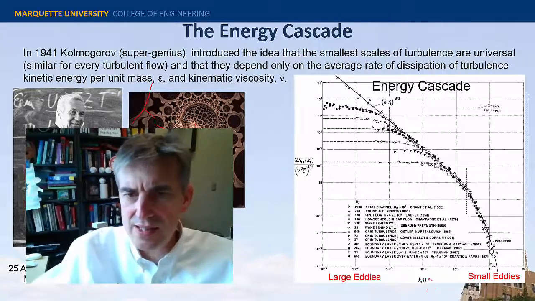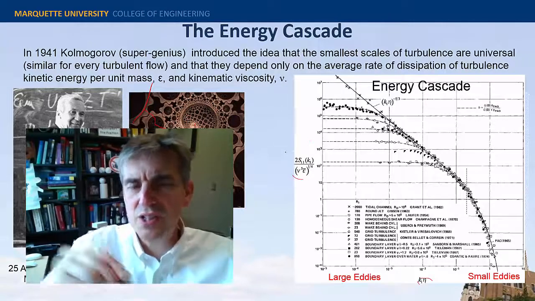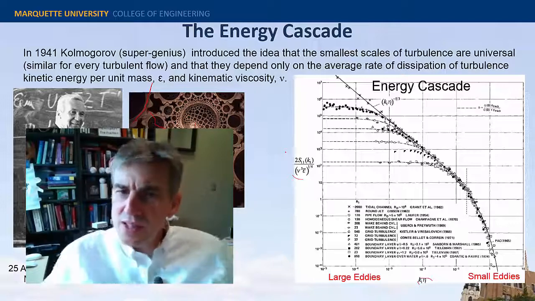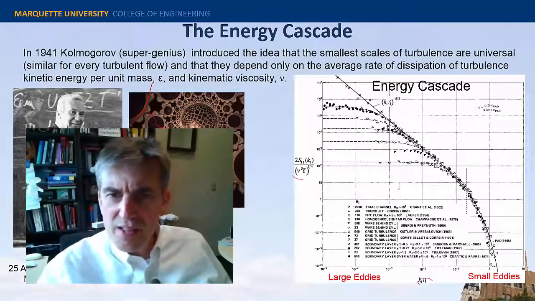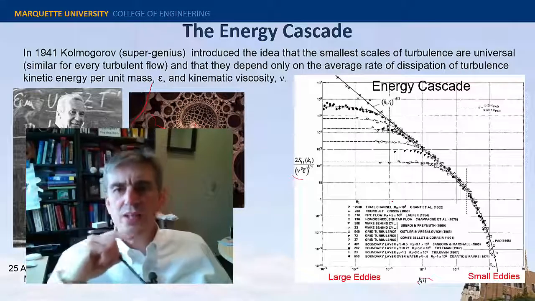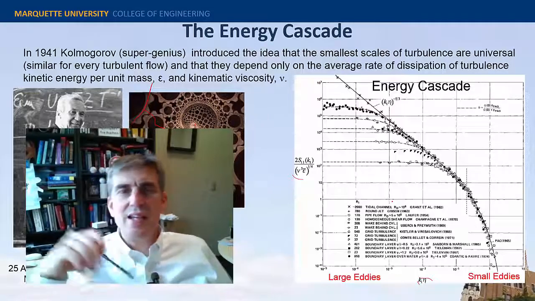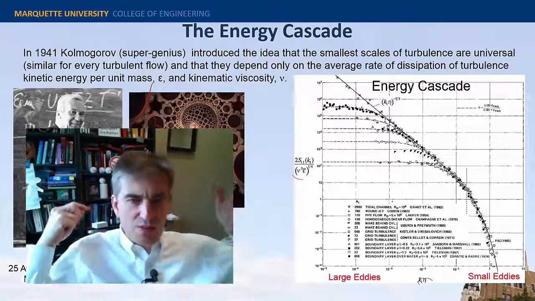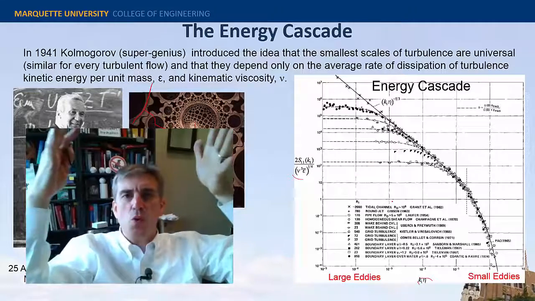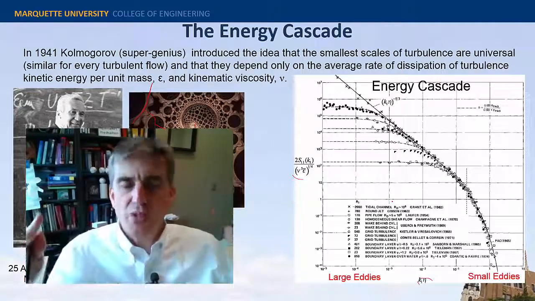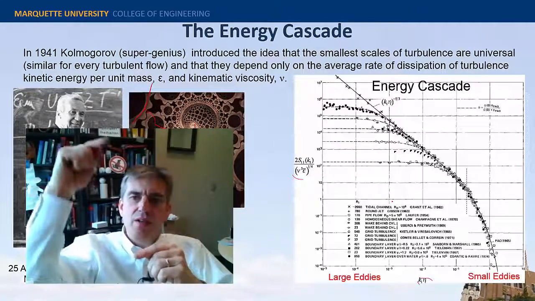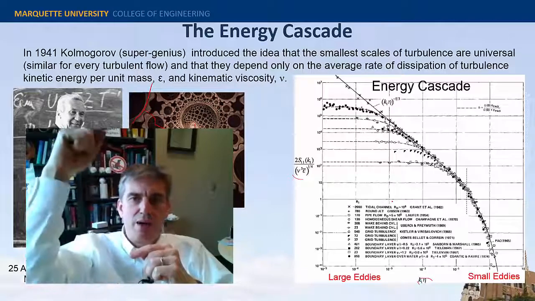So these are eddy sizes here and basically energy on the y-axis. And look at the data. This is taken in things like tidal channels. So you can go look at data as ocean waves move into these large fjords, or meteorological data where you have towers with hot wire anemometers on them.